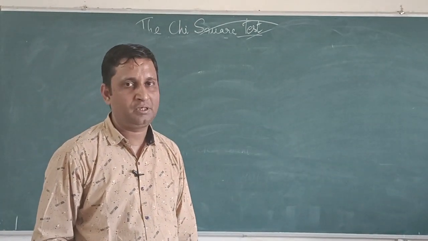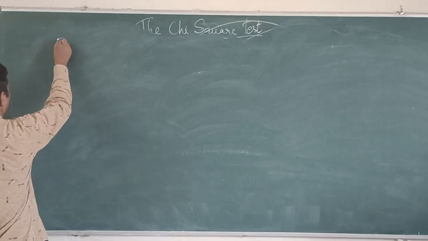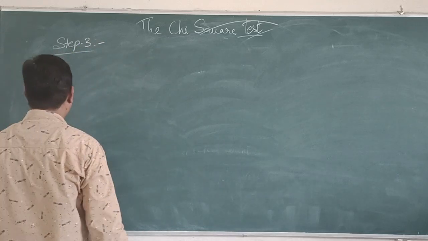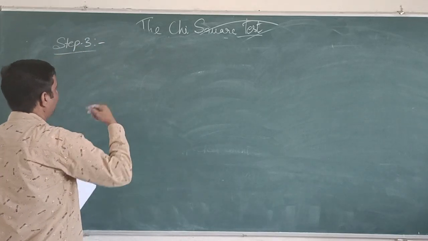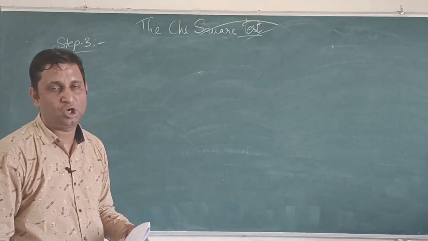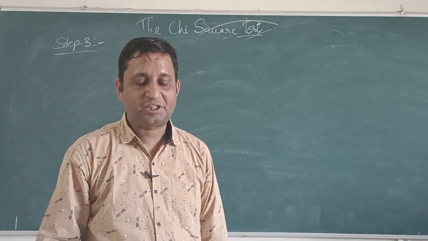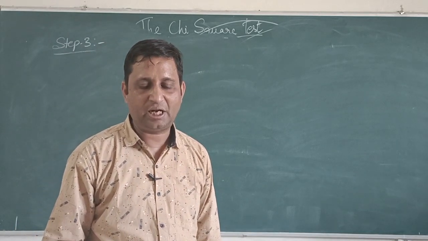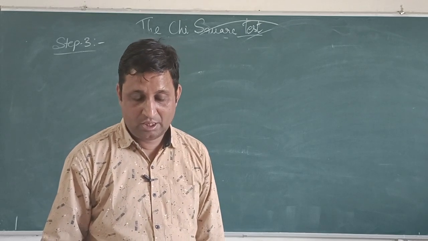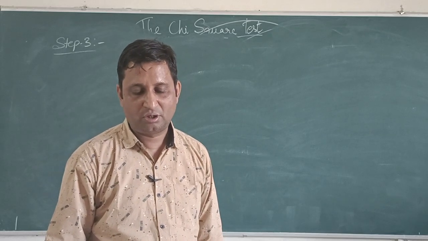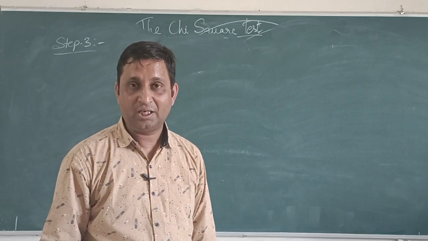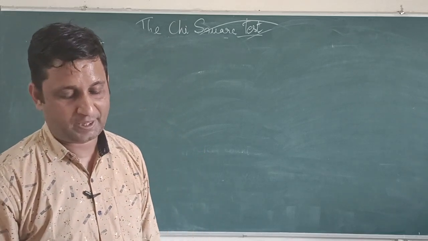Now we will go to step number 3, which is the observed value. In step number 3, to see if the data gives convincing evidence against the null hypothesis, compare the observed counts for the sample with the expected counts, assuming H0 is true.